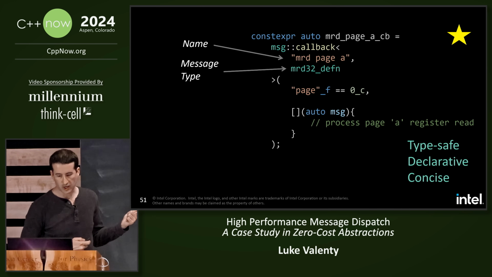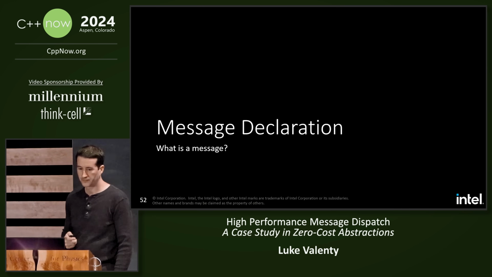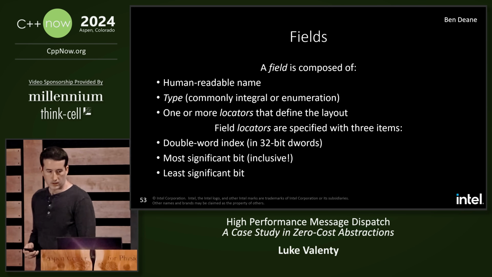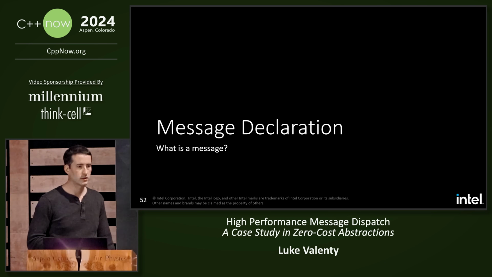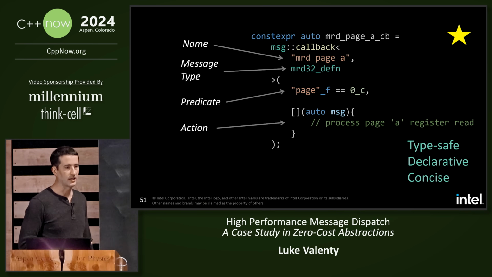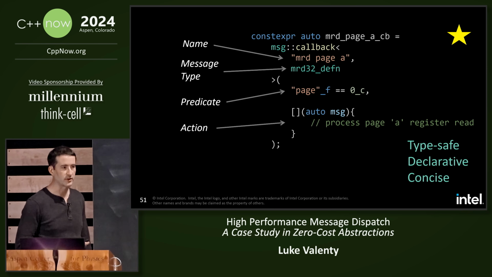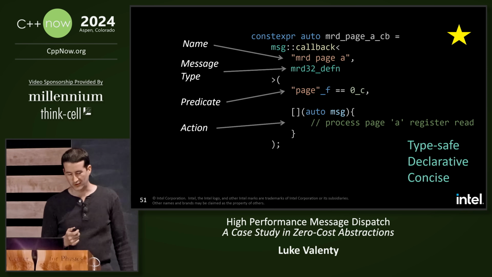We have our name, our message type, our predicate, and then we have our action. That predicate is a DSL, just in case people are wondering. Yeah, so that's a domain-specific language. It's a very obtuse language called Boolean algebra, Boolean expressions.